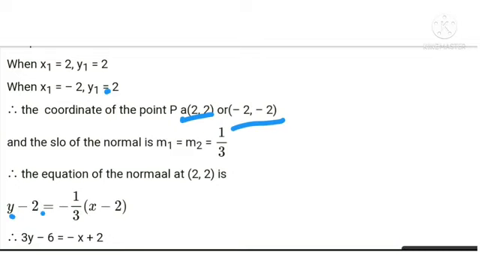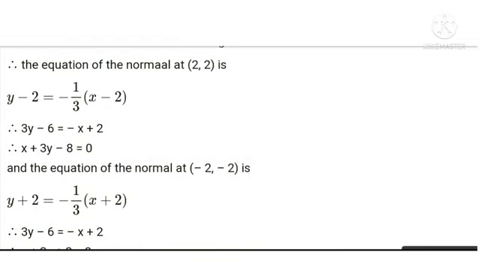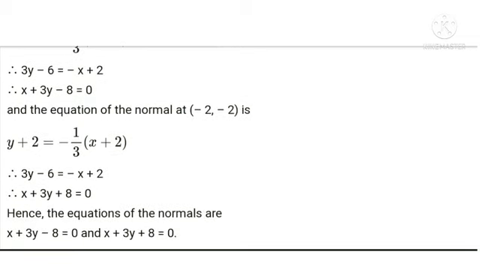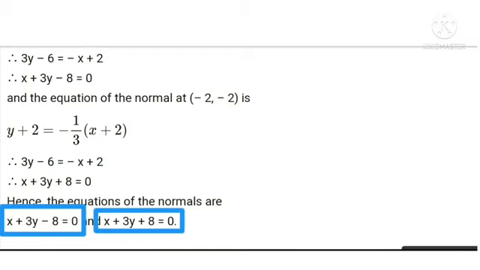First you take this point and find the equation of normal, and then again you take the point minus 2 and find the equation of normal. So we get two equations of normal as x plus 3y minus 8 is equal to 0 and x plus 3y plus 8 is equal to 0.